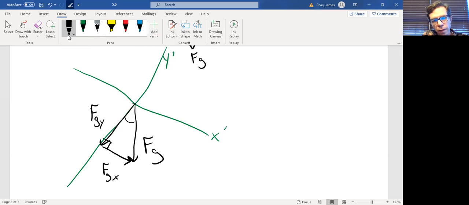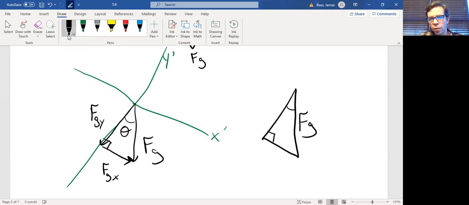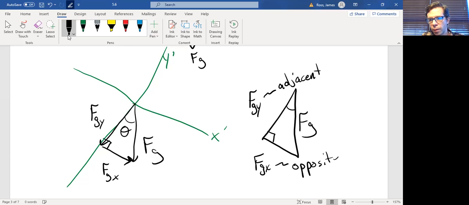In this case, we know the angle of incline here. So this gives us a triangle we can now deal with. And we note that the y component is actually adjacent, and the x component is our opposite.